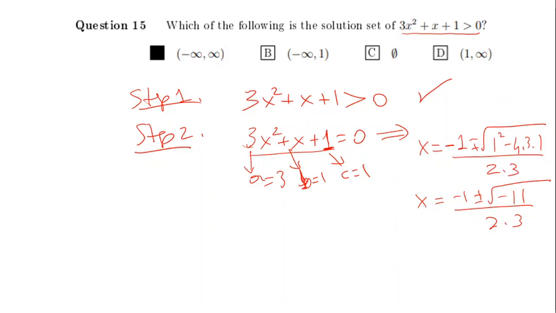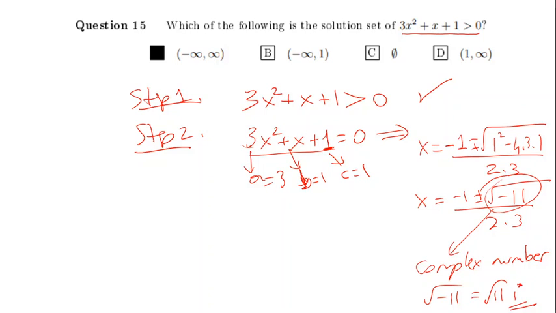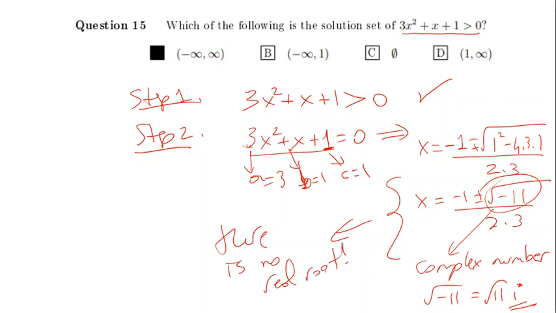As you see, this is a complex number, so it's not real, because the square root of minus 11 is square root of 11 times i. So there is no real root. The discriminant turns out to be minus 11, which gives you no real root.